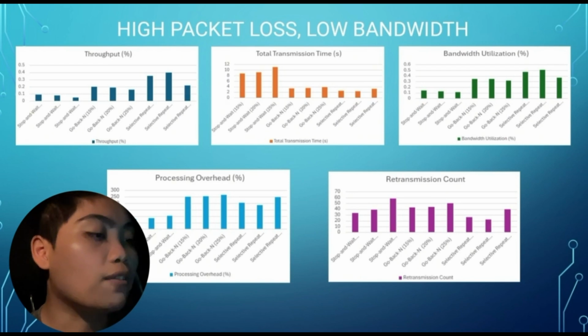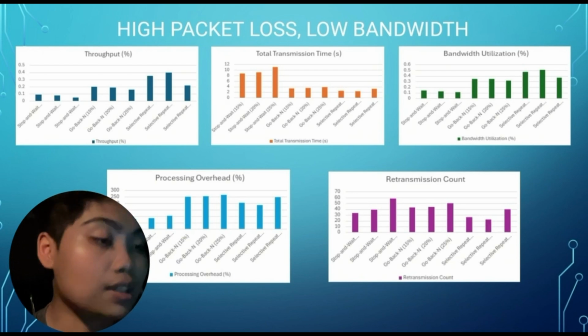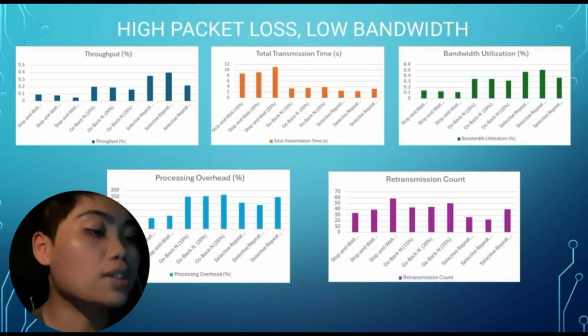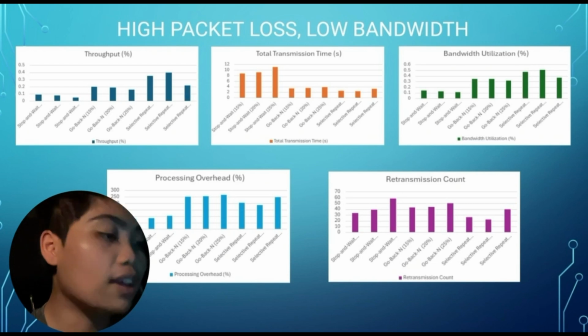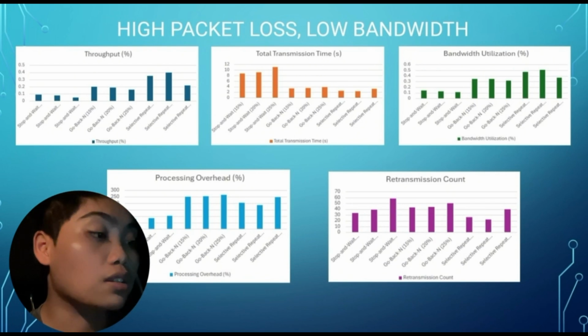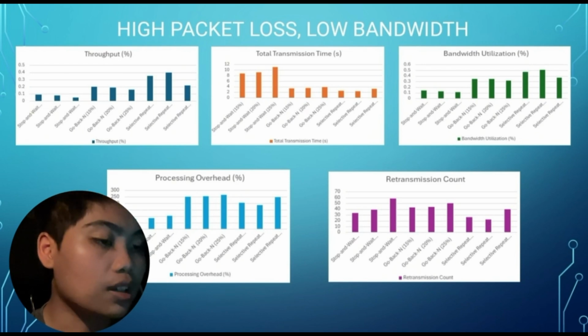But that extra effort pays off in overall performance. Lastly, looking at the retransmission count, Go back N has the highest since it resends all packets after a lost one. Stop and wait is in the middle and selective repeat has the lowest because it only resends what's necessary.